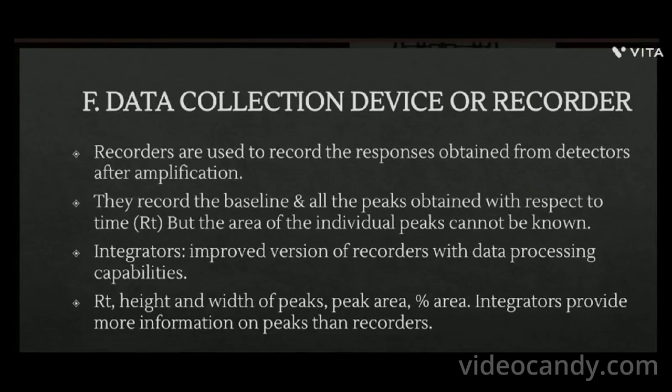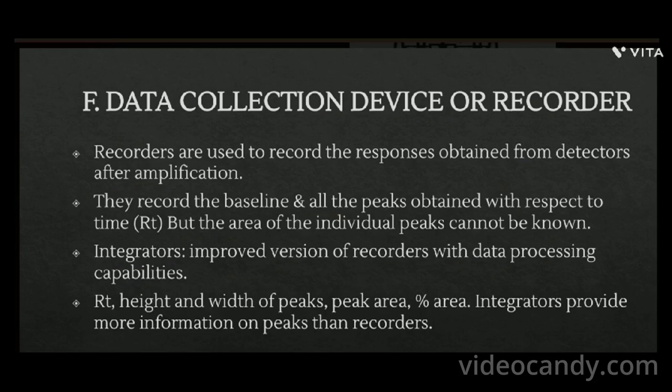Next, data collection device or recorder. Recorders are used to record the responses obtained from the detector after amplification. Second, they record the baseline and all the peaks obtained with respect to time, but the area of the individual peaks cannot be known.